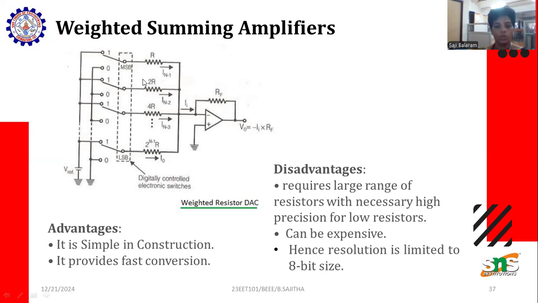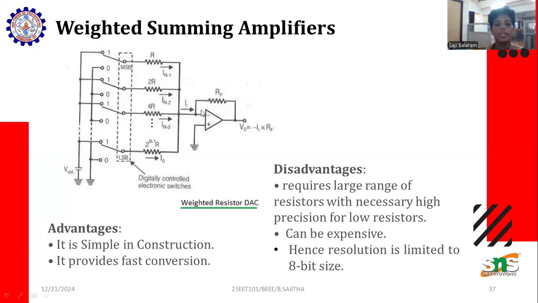Here you can also see that the current flowing through each resistor is given as IN1, IN2, IN3, etc. And the last value of the current flowing through the resistor is I0, and that is connected to the least significant bit, LSB. Also, a reference voltage, V reference, is connected to the input here, and that value of the V reference is given as 1, and the other value which is grounded is given as 0.